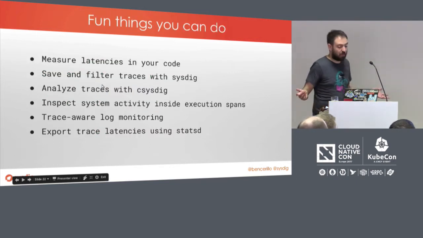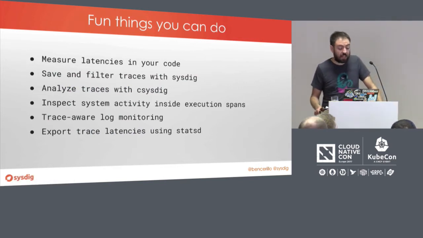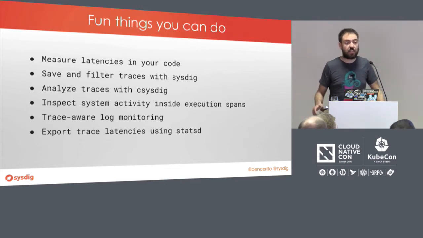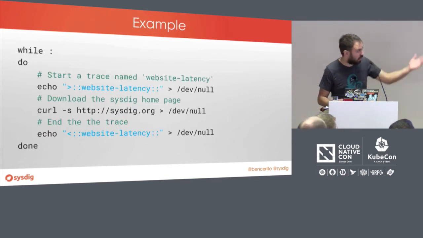Fun things you can do with all this: we can measure latencies in your code. You can save tracers and filter traces with Sysdig. You can analyze with Sysdig, which is the curses UI. You can see the system activity inside of a span, so in the previous example, I could see the system calls happening inside.